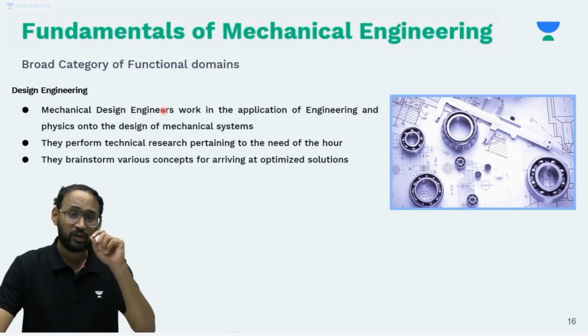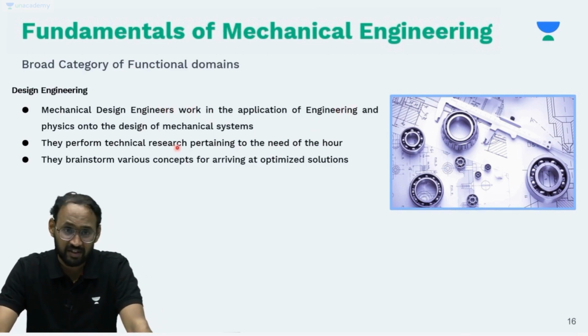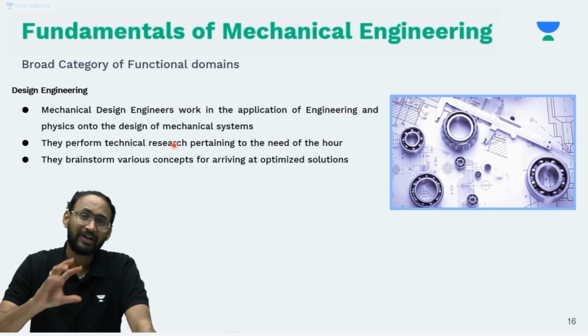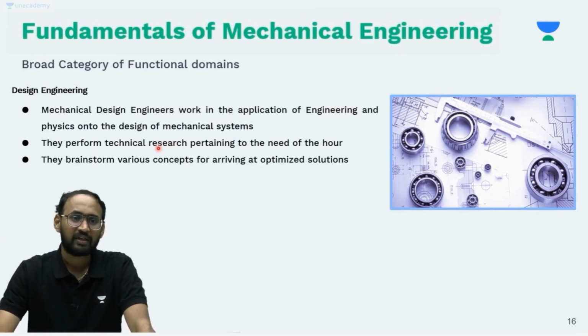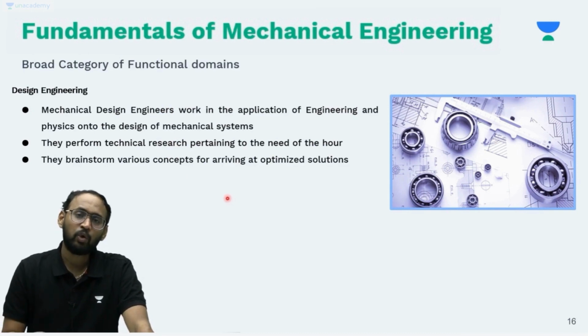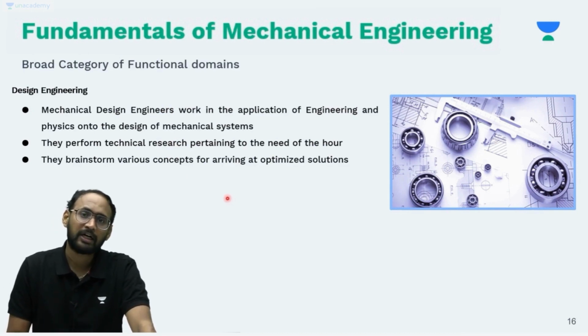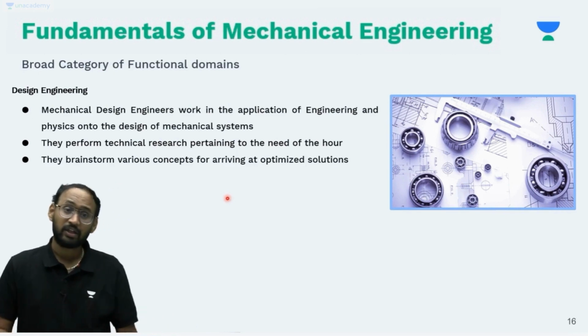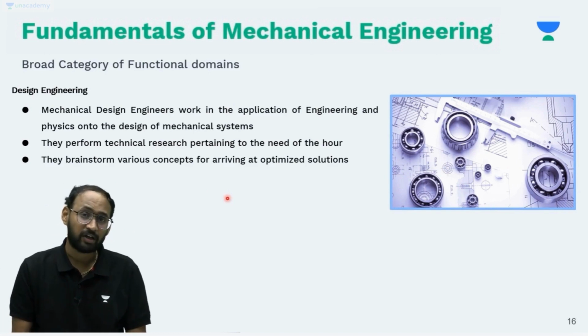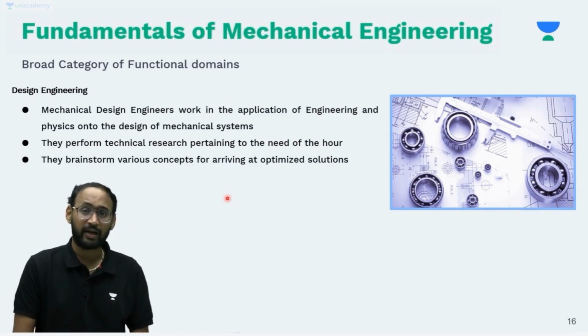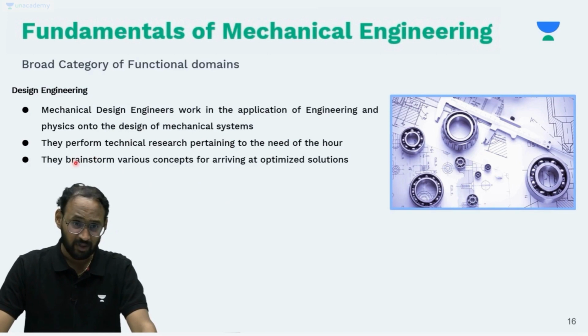So you use engineering physics to develop certain products. Say for example, you would also do technical research to understand the functionality of a product and also to arrive at a solution, right?